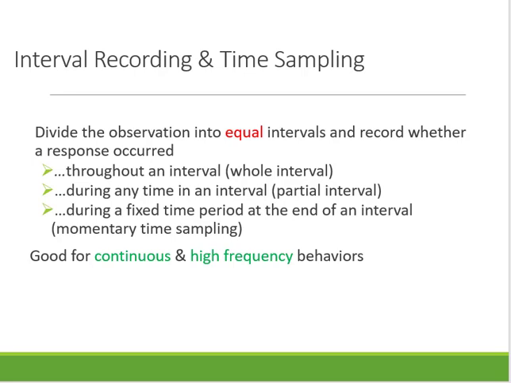Sometimes it's sufficient to approximate the actual number of times that a behavior occurs. Interval recording and time sampling make estimates of the occurrence of a behavior by dividing an observation session into discrete intervals and then recording whether a response occurs either throughout an interval, whole interval, during any point in an interval, partial interval, or during a fixed time period at the end of an interval, momentary time sampling.